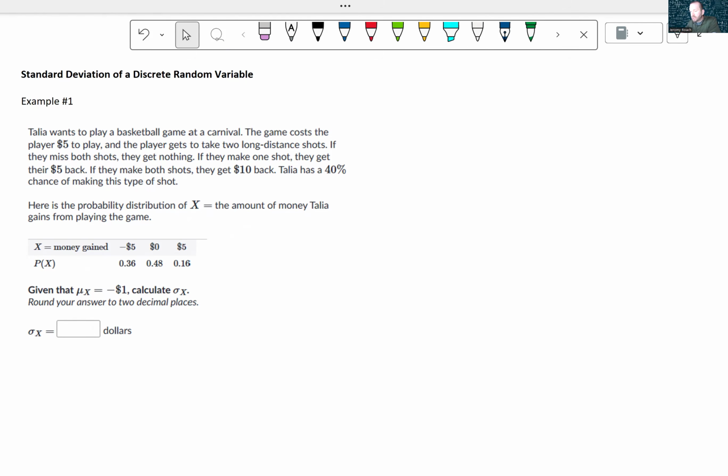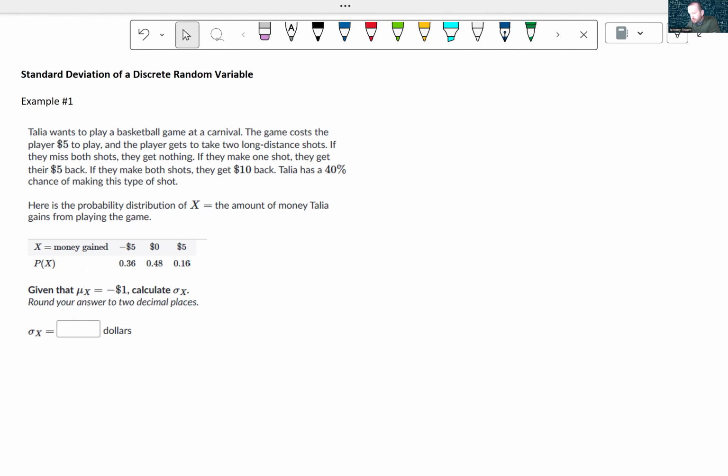If they make 1 shot, they get their $5 back. If they make both shots, they get $10 back. And it says Talia has a 40% chance of making this type of shot. Here's the probability distribution of X, the amount of money that Talia gains from playing the game.